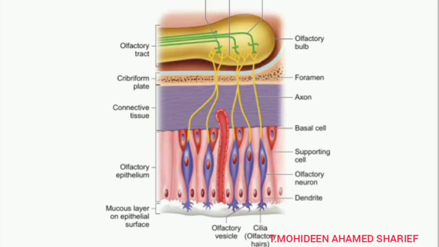This increased pressure generates pressure waves in the fluid of the perilymph. This pressure causes the round window to alternately bulge outward and inward. Meanwhile, the basilar membrane along with the organ of Corti moves up and down.